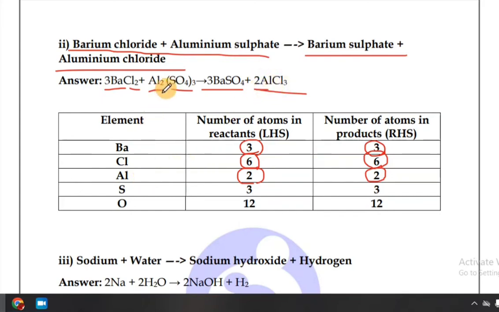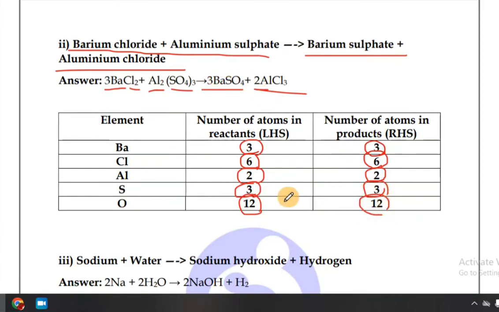In reactant side we have 3 atoms of sulfur, so we have written 3 here, and in product side also we have 3 atoms of sulfur. And the last element oxygen, here we have 4 3s are 12, 12 atoms of oxygen in reactant side, and in product side also we have 12 atoms of oxygen.